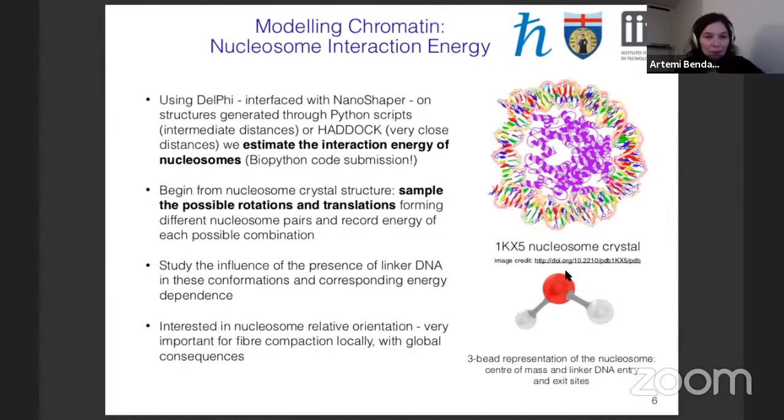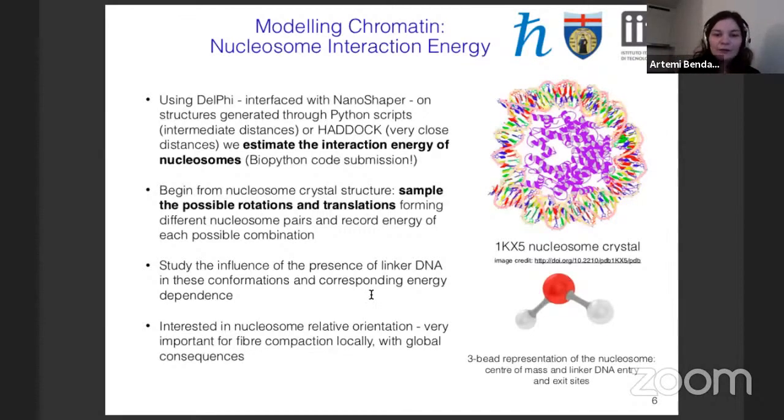And yeah, so we started from the 1KX5 crystal structure, and we sampled the possible rotations and translations, therefore forming different nucleosome pairs, and then recorded the electrostatic energy of each possible combination. We also studied the influence of the presence of linker DNA by doing basically the same thing with structures that had linker DNA in them.